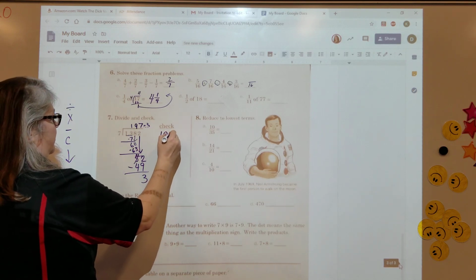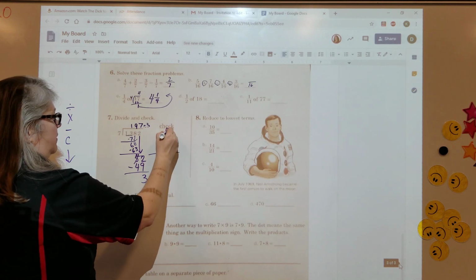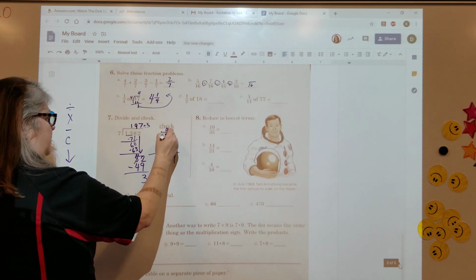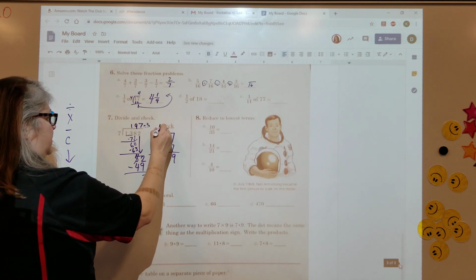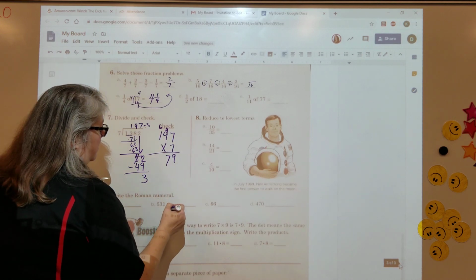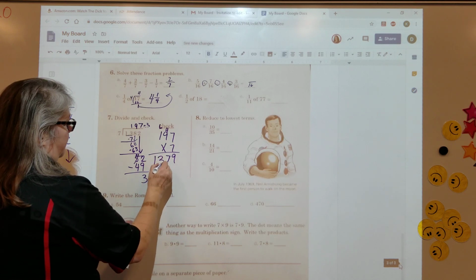So 197 times 7. 7 times 7 equals 49. 7 times 9 is 63. 63 plus 4 is 67. 7 times 1 is 7, plus 6 is 13.